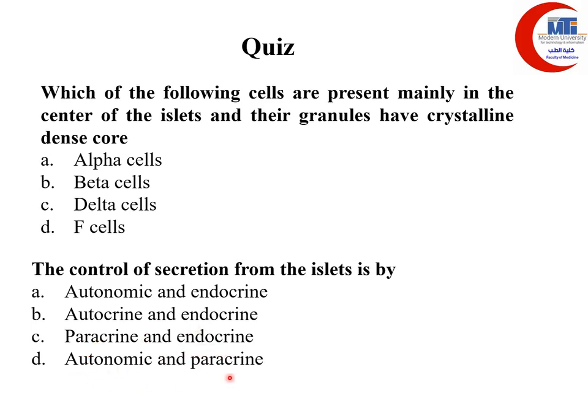Autonomic and paracrine? Yes, there is autonomic control by the ganglion cells and paracrine control through the gap junctions between cells and each other. So the right answer, letter D, autonomic and paracrine regulation of the secretion of islets.